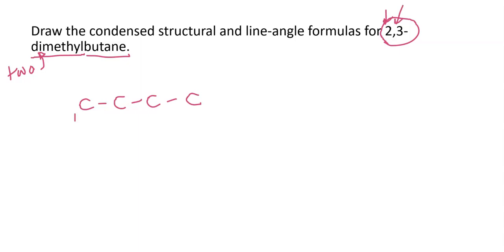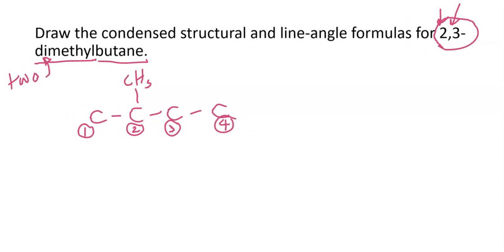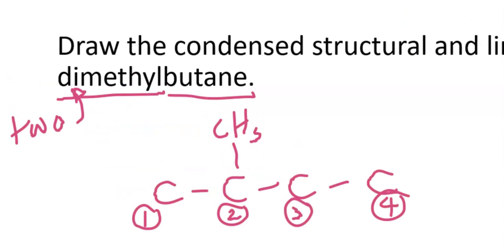First of all, I'm going to number this carbon chain. One methyl is on the second carbon and the other one is on the third carbon. Now this is the condensed structural formula.